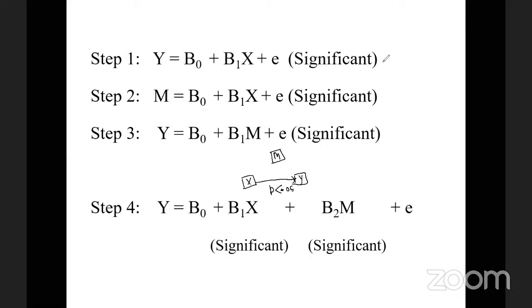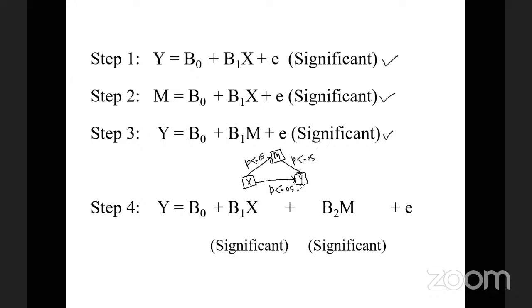This is the first case. Second step, the relationship between X and M, the p value should be less than 0.05. It should be significant. Third case, when we take the mediator variable and criterion variable, the p value again should be less than 0.05. It should be significant.